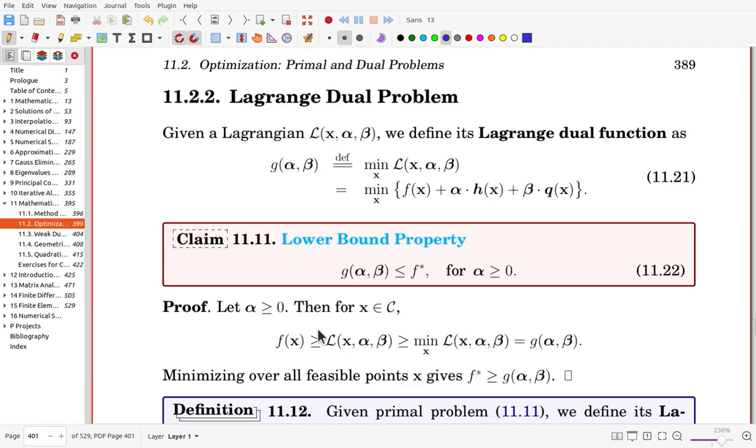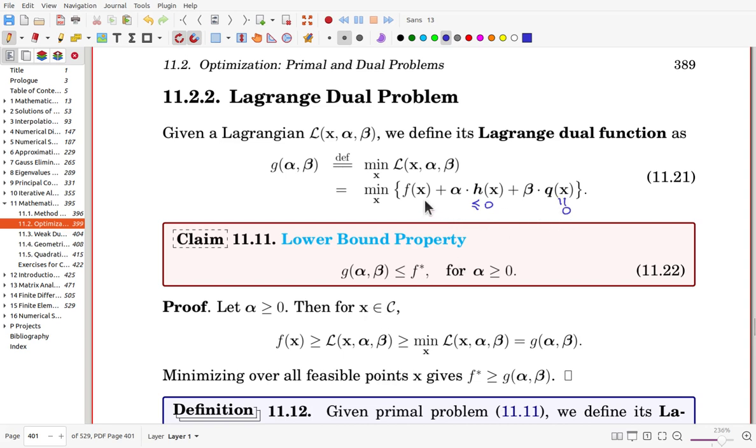Now alpha is non-negative. Then for x in the feasible set, if you look at the Lagrangian, alpha is non-negative and h is non-positive, so this portion is non-positive. And of course, once the feasible set is considered, this one will be 0.